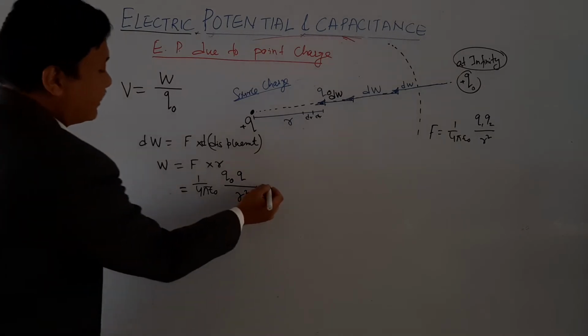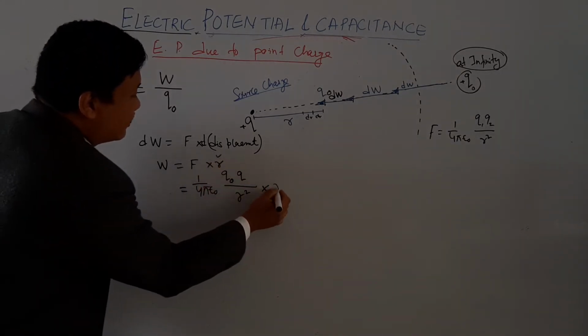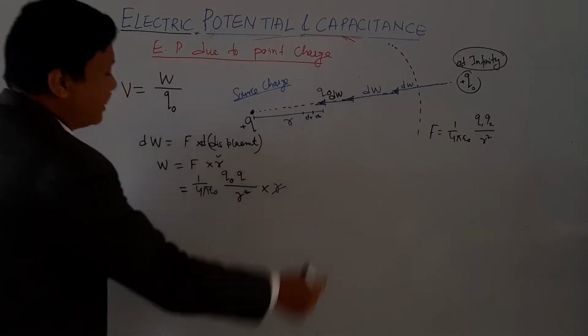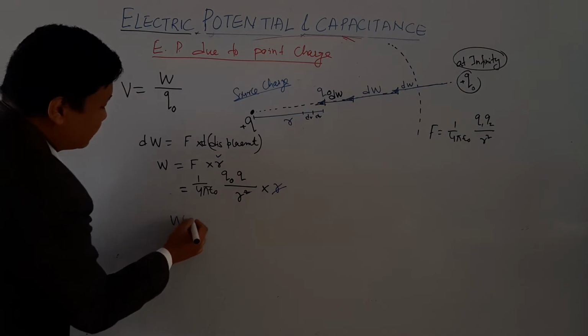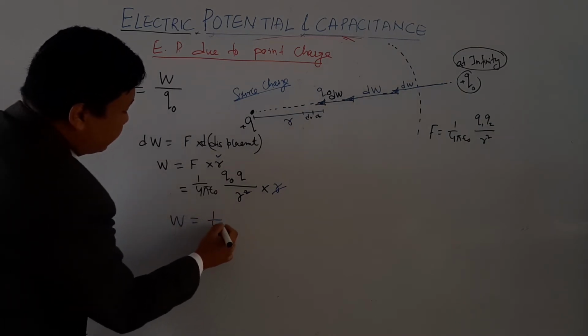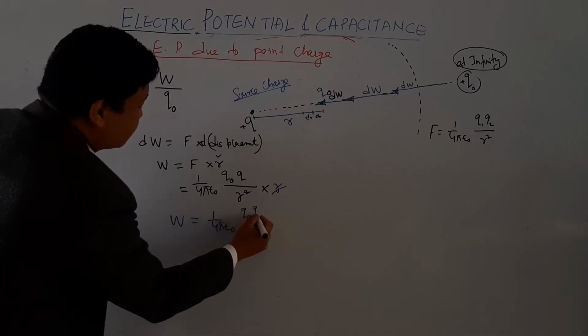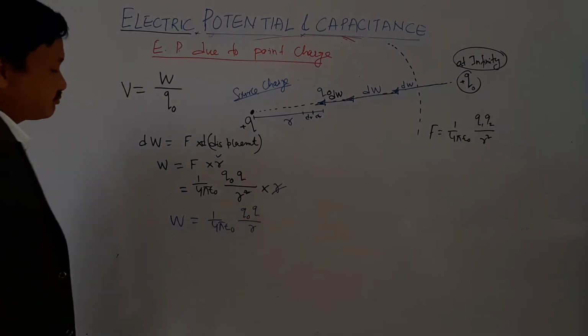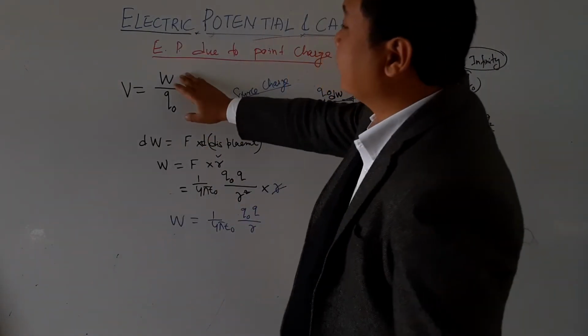And into one more R is there, so this R and this R cancel. So I get work done is equal to 1 by 4 pi epsilon naught Q0 Q by R.